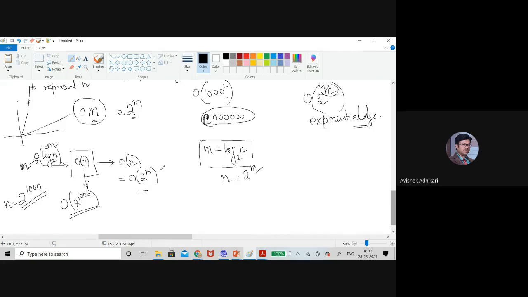Now it's clear what we mean by a polynomial time algorithm. All three algorithms we have seen for primality testing are very inefficient because they are exponential: it should be in terms of the size of the input, which is m, and with respect to m this value is 2 to the power m.